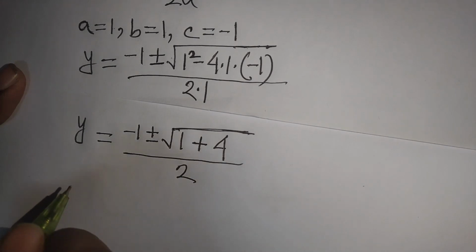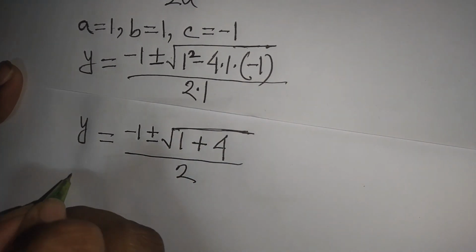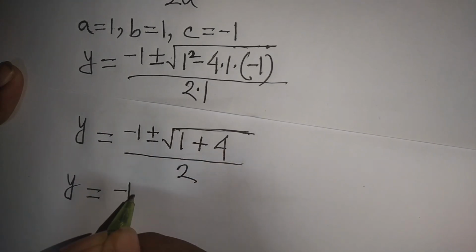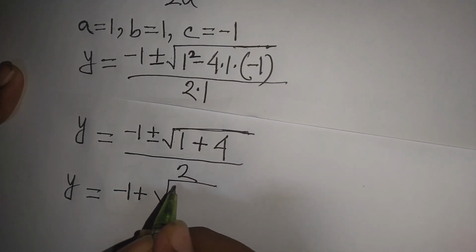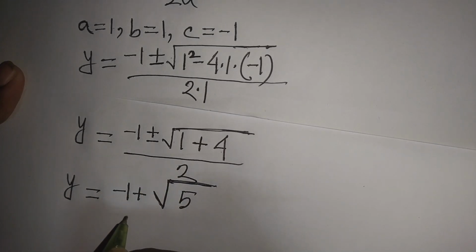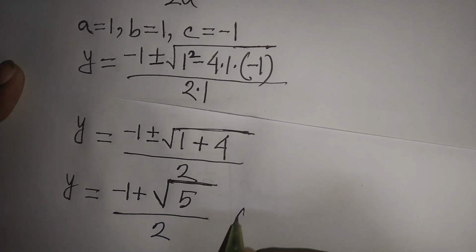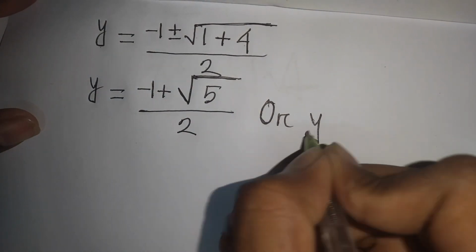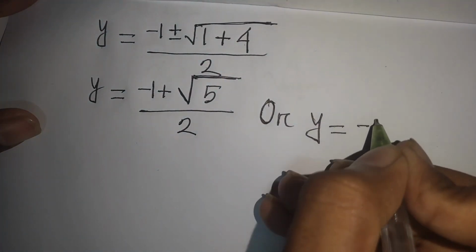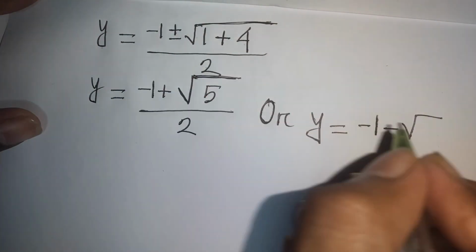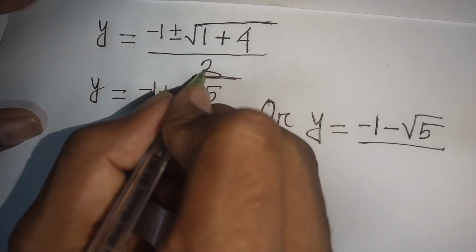Now we see here two cases, so you can write here y is equal to minus 1 plus a square root of 1 plus 4, that means 5, divided by 2, or y is equal to minus 1 minus a square root of 1 plus 4, that means 5, divided by 2.